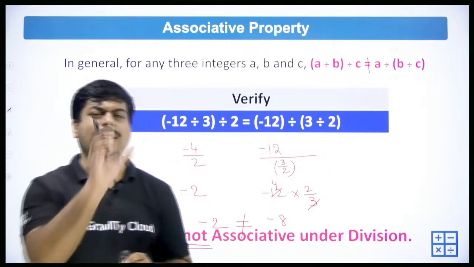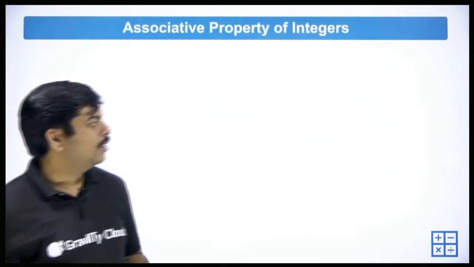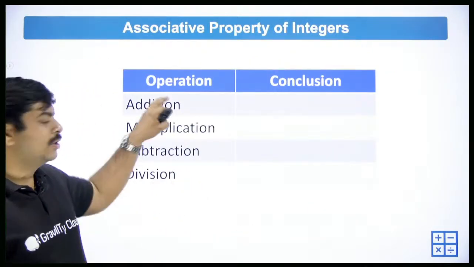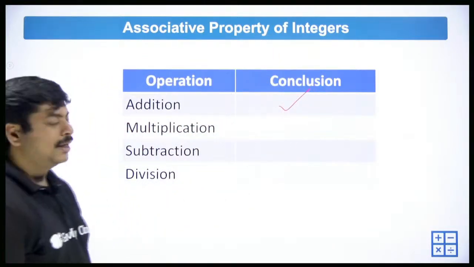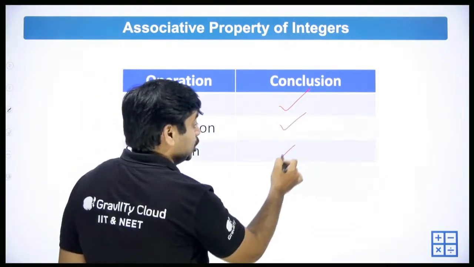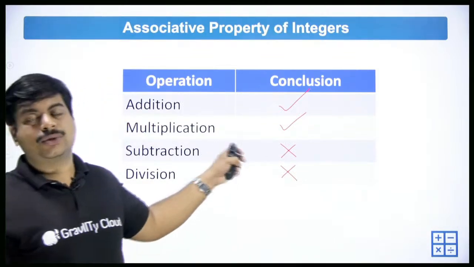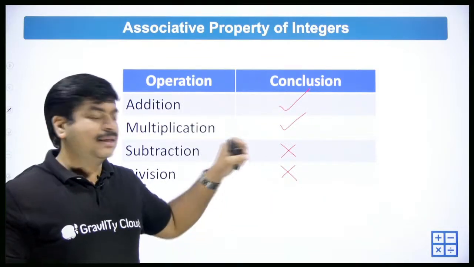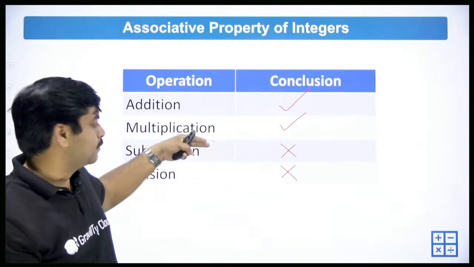So let us try to keep all these four together. Addition we discussed. Yes, it is correct. The relation is satisfied. Multiplication correct. Subtraction no, and division also no. These two are not satisfying the associative property. And these differences will come when you have negative and positive numbers in the case of subtraction.